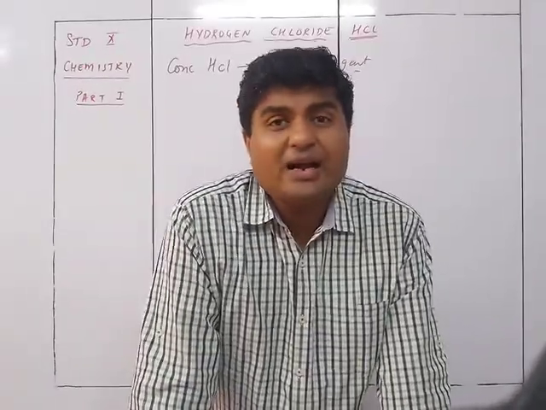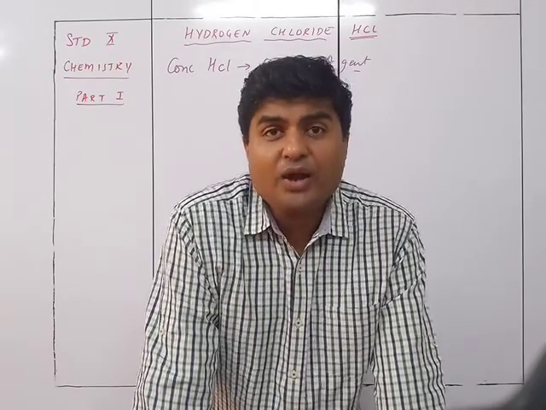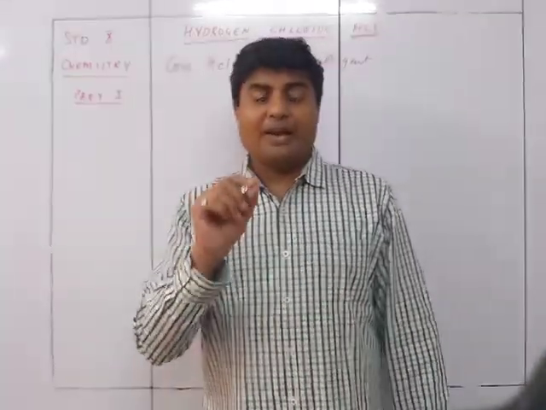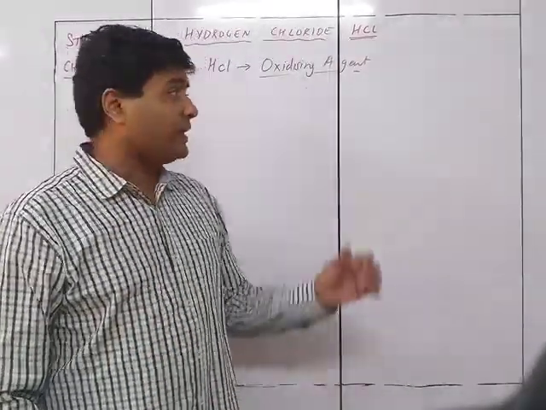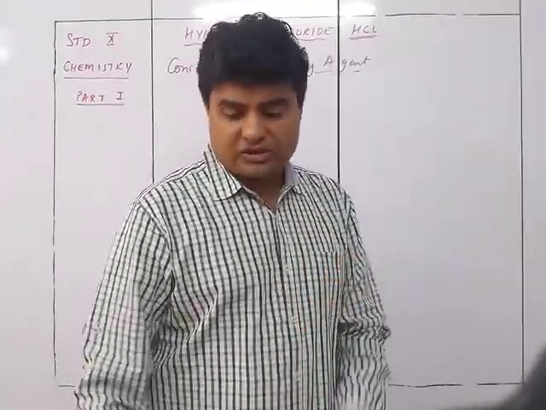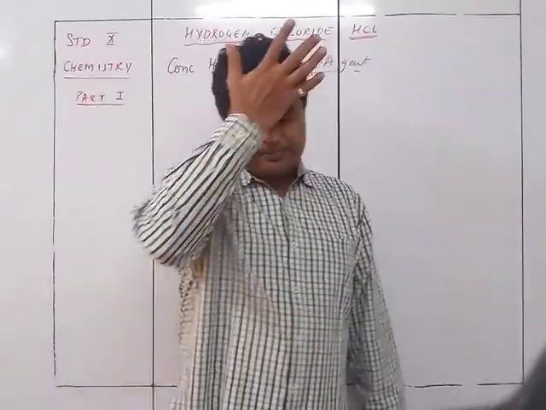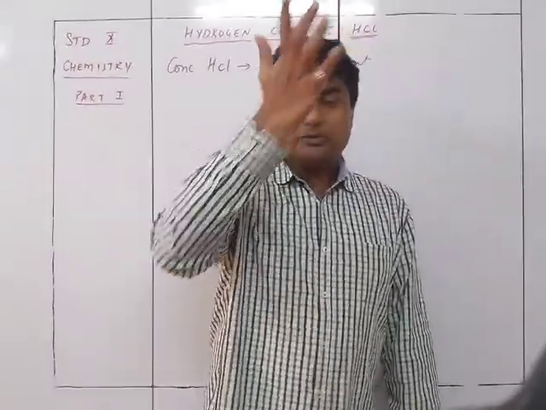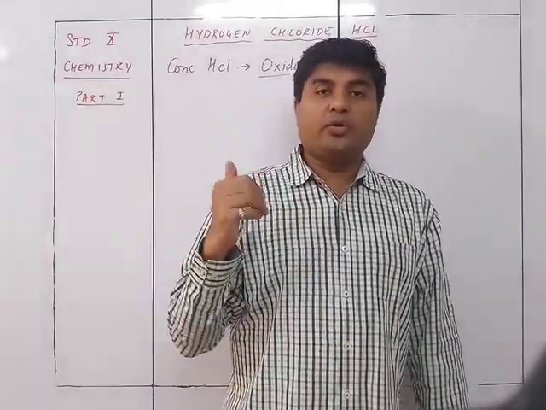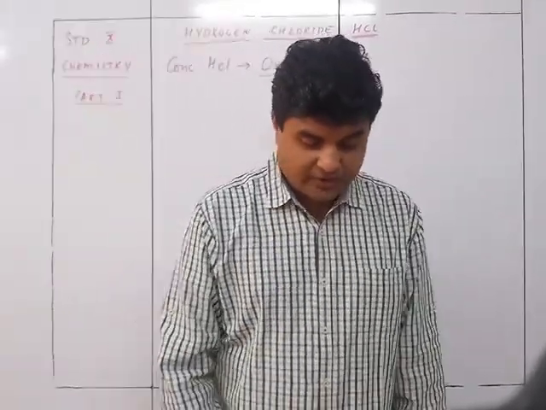So if I take a metallic oxide and I react with concentrated HCl, now I know that concentrated HCl is an oxidizing agent. So what is going to happen? It is going to remove the oxygen. So sorry, concentrated HCl is a reducing agent. Absolutely sorry for the confusion.